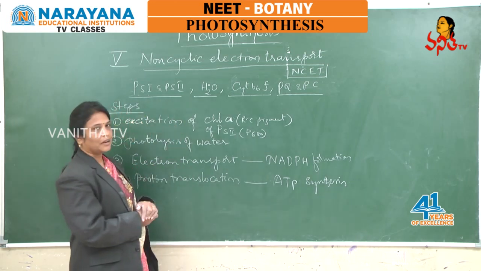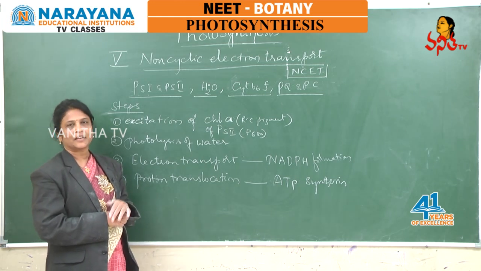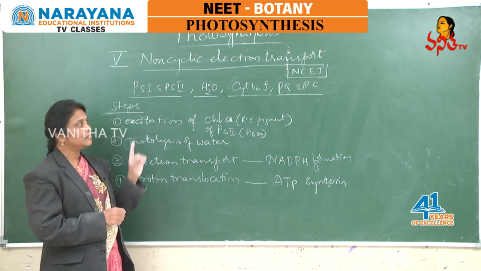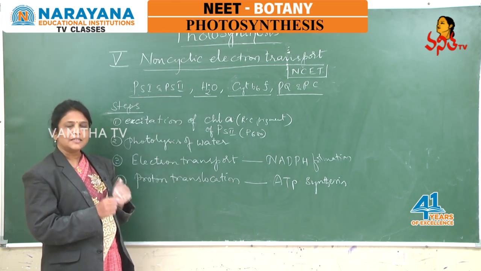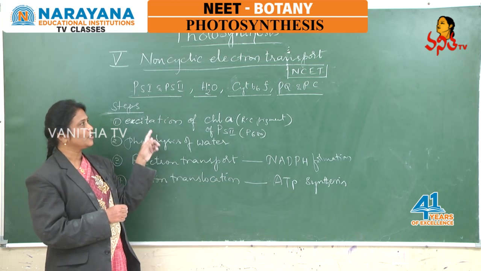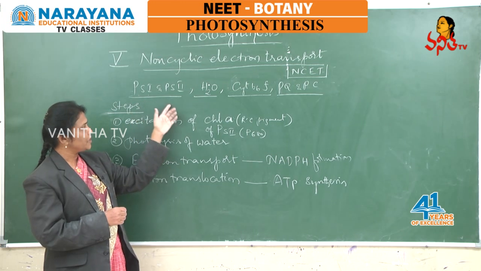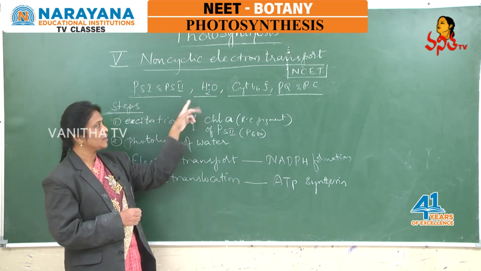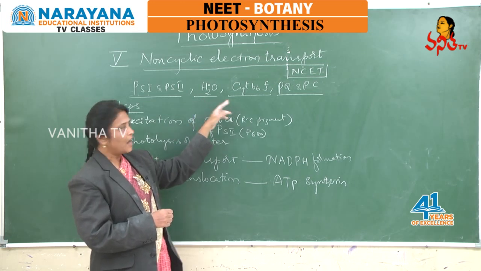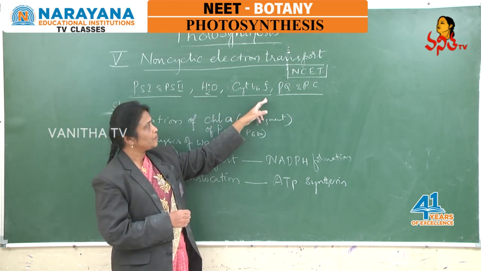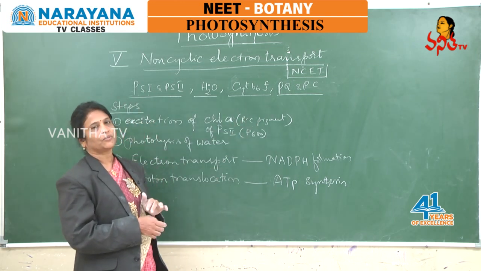So, non-cyclic electron transport occurs in higher plants, that is from cyanobacteria up to angiosperms, and causes evolution of oxygen by splitting of water molecule and is a part of oxygenic photosynthetic light phase, and includes the activity of PS1 and PS2, both the photosystems, and involvement of water molecule that undergoes splitting, and electron carrier complexes cytochrome B6 and F, as well as the mobile electron carriers plastoquinone and plastocyanin.